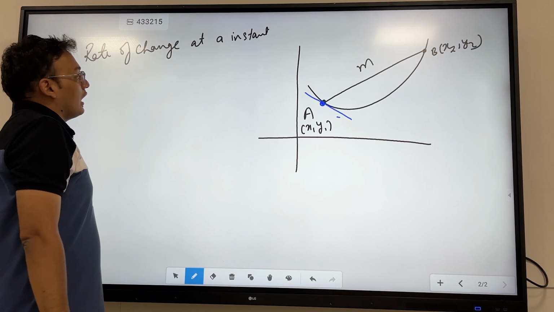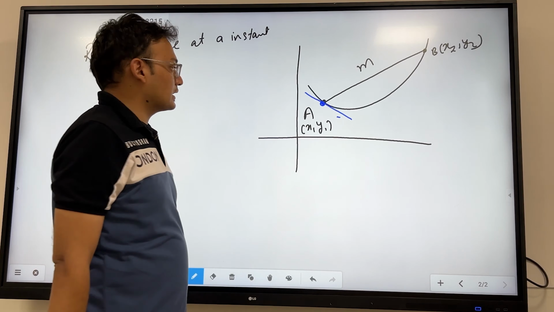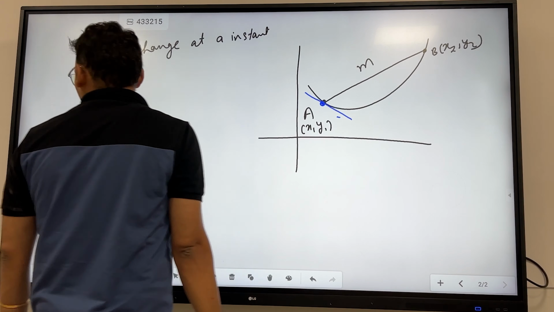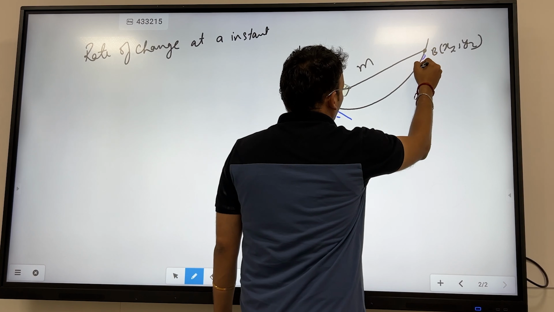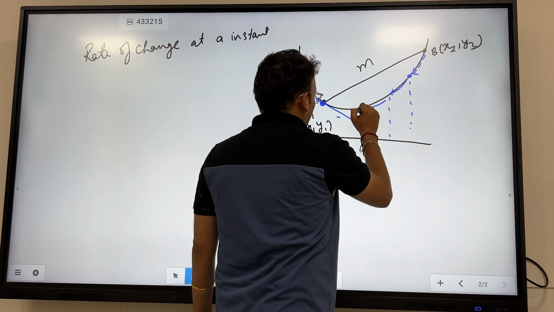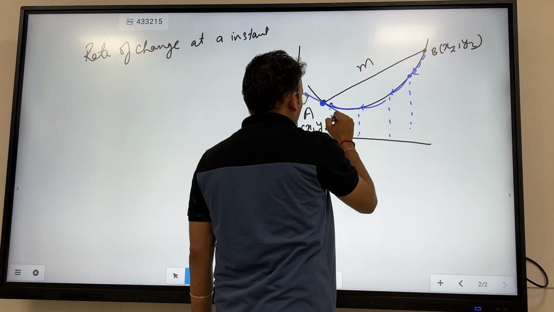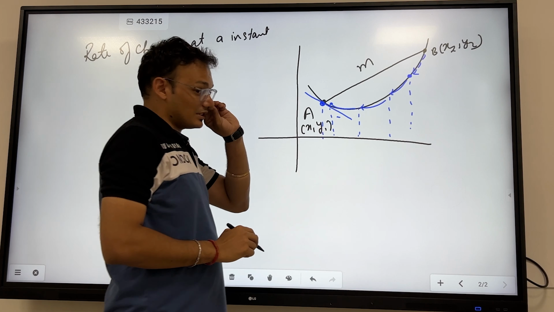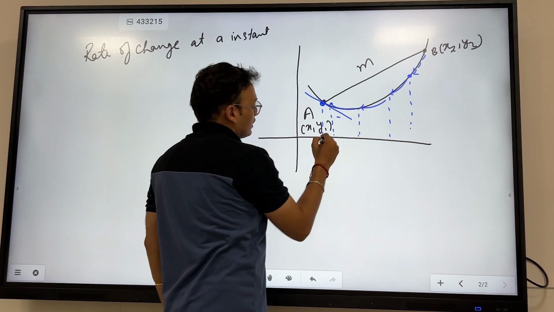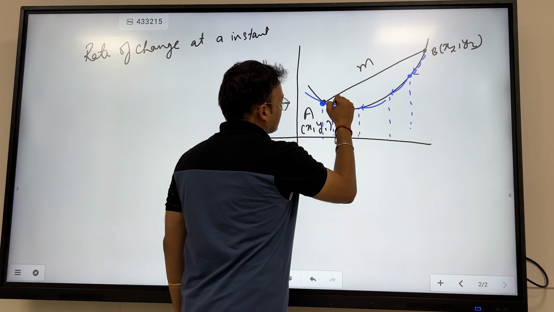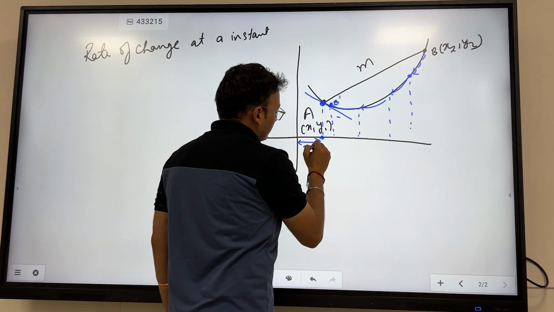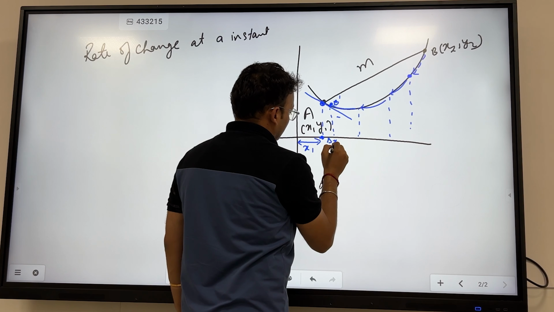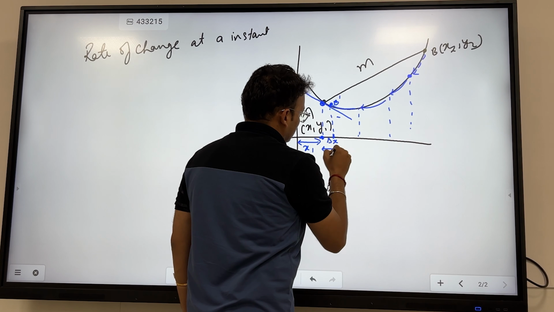Now, how will we do that? For that, let's move this point B towards A such that it comes very, very close to point A. Let's say this is our new point B dash, and this distance is delta x.